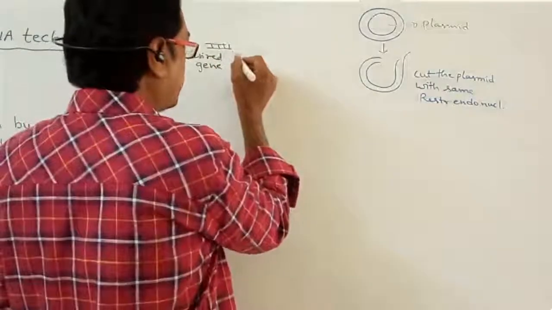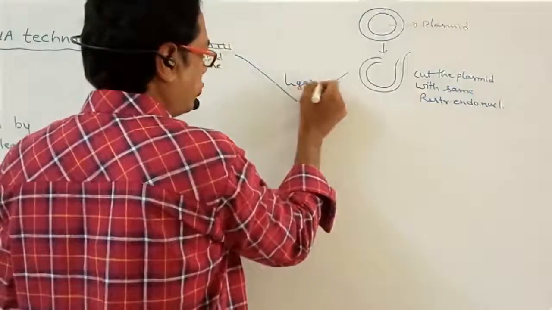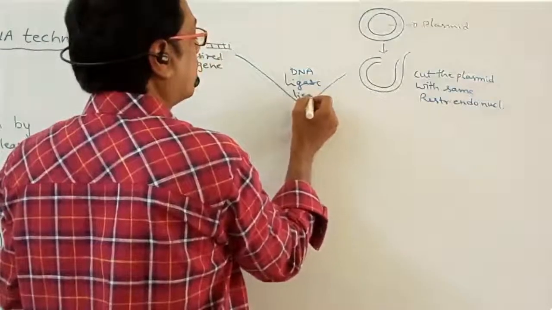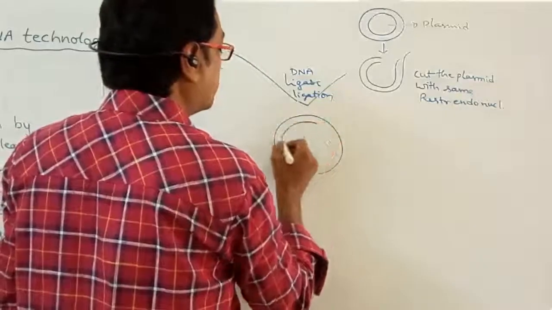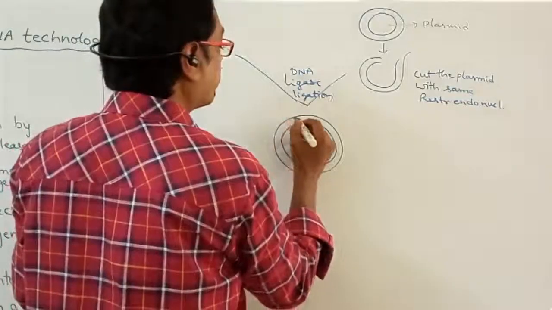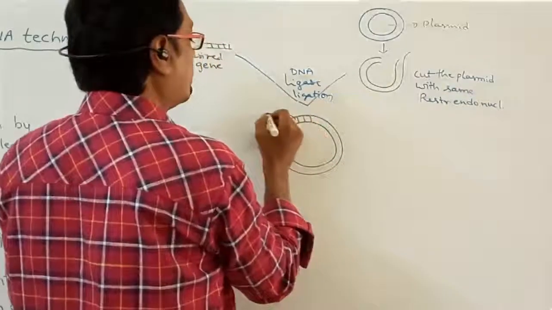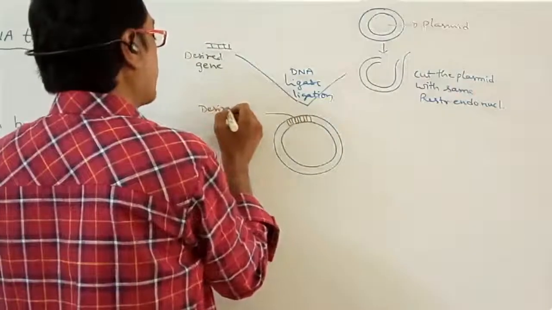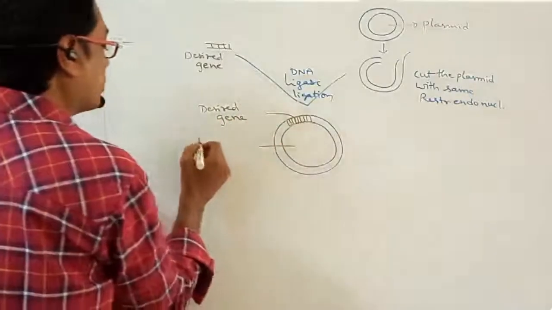Next, this desired gene was ligated with an enzyme called DNA ligase and the process is called ligation. This is the DNA, this is the plasmid, and this we are ligating. That is the desired gene, this is the plasmid.